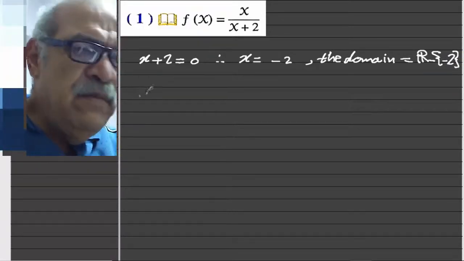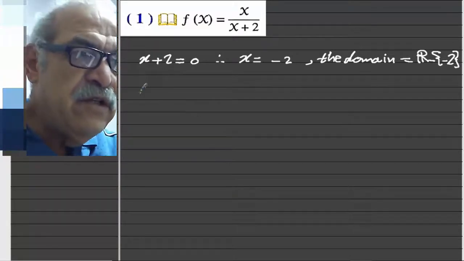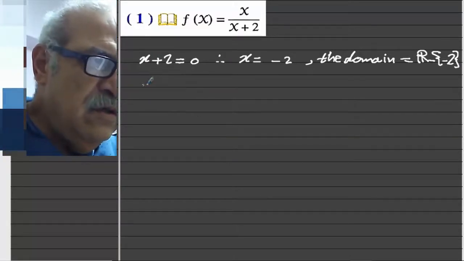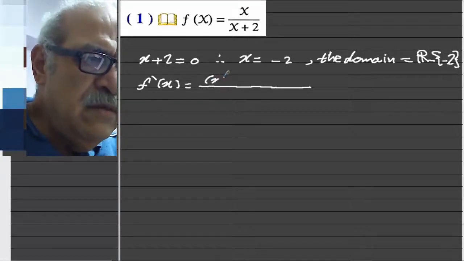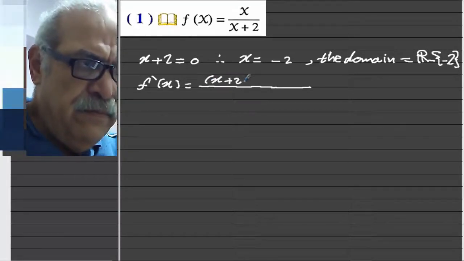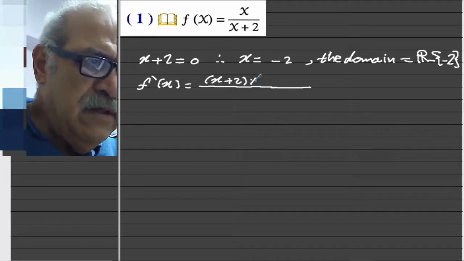Second step, we must determine f dash. So f dash of x, here we have a fractional function. So to find the first derivative, we write the denominator x plus 2 multiply the derivative of the numerator.